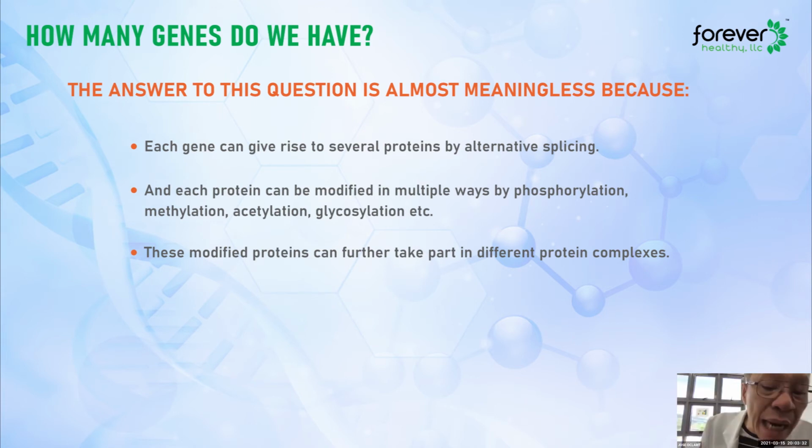So that is acetylation. Glycosylation is another enzyme or mechanism, addition of sugar in order to modify our proteins. Many of the proteins that are found in the membranes of our cells are glycated. So they are called glycoproteins.